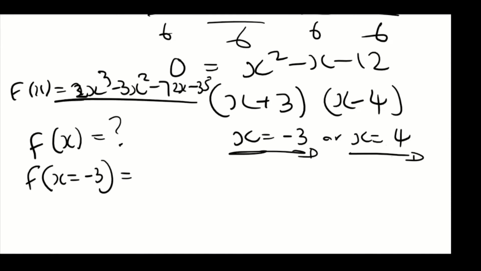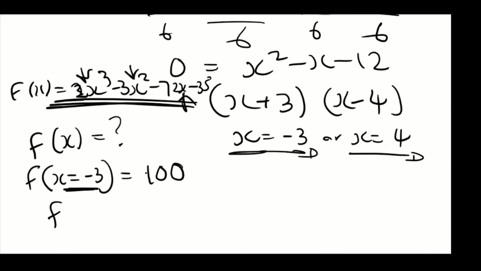So you're going to substitute your value of x here, here, and there, right? And you should find 100 if you substitute x equal to minus 3. If you substitute x equals 4, you should find minus 243, right?